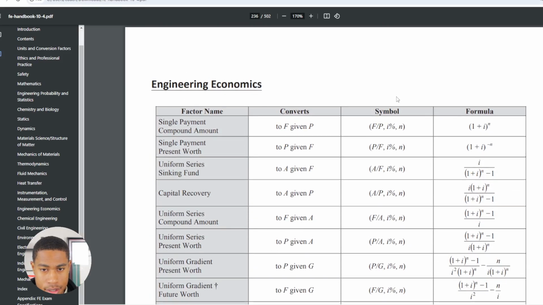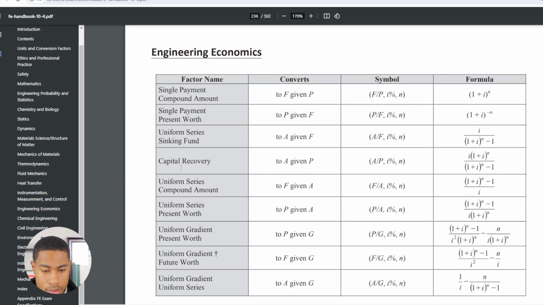You're going to see this big table, and it looks pretty complicated, but all we're doing is trying to go from one value to another value. The first one I just mentioned was present worth.